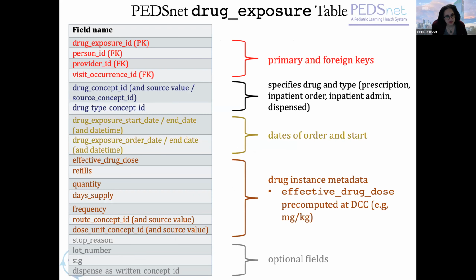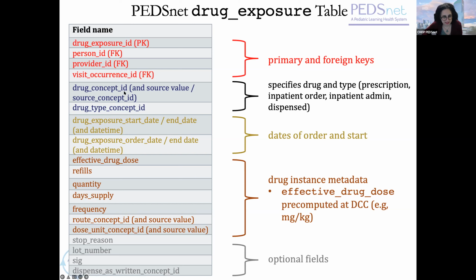So in the drug exposure table, we have the drug exposure ID, which is the instance in which a drug was either dispensed, prescribed, or given as an inpatient administration. There's the person ID, provider ID, visit occurrence ID, the drug concept ID here, and then the drug type concept ID.